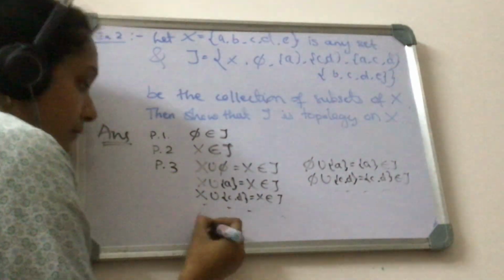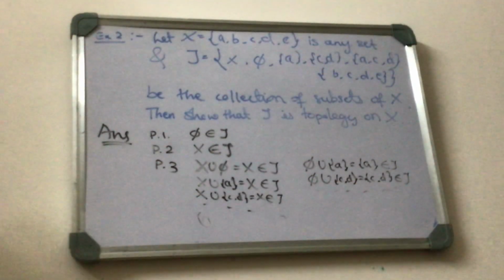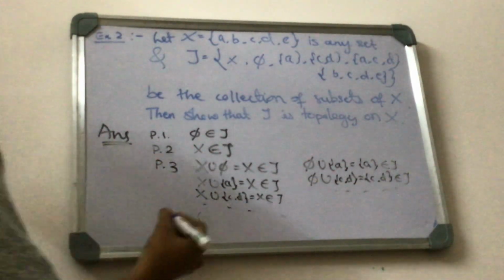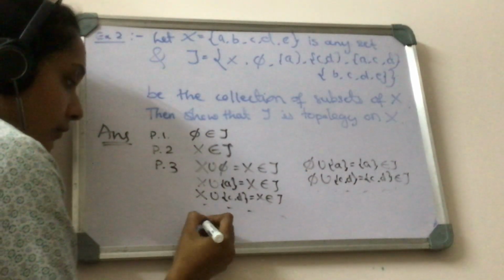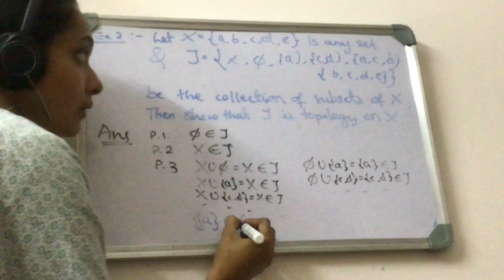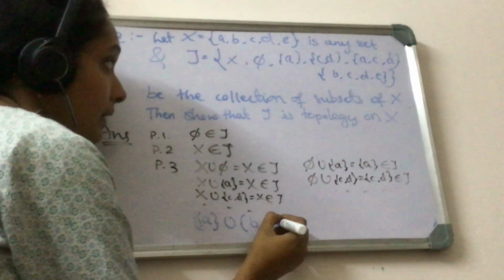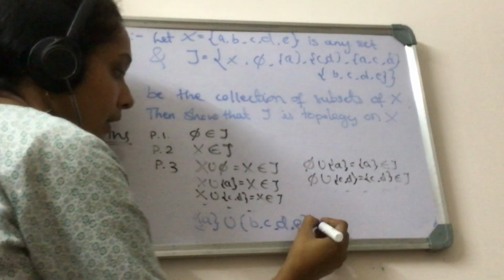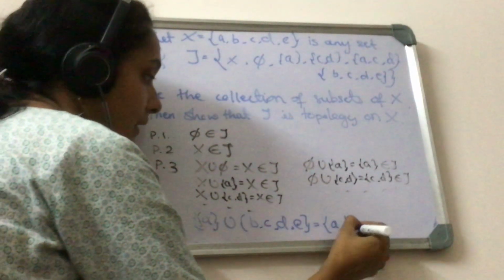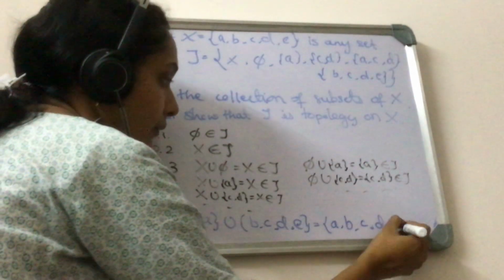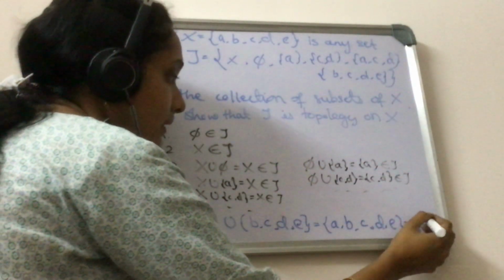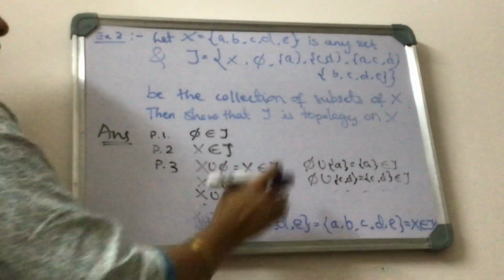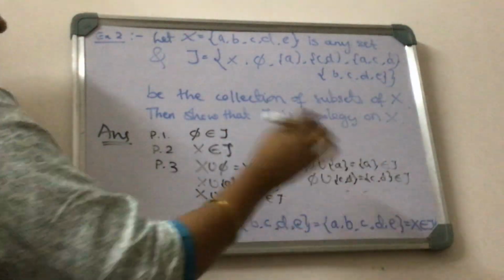A union BCDE is ABCDE, which is nothing but X. X is in tau. So therefore the union of these two also is in tau.